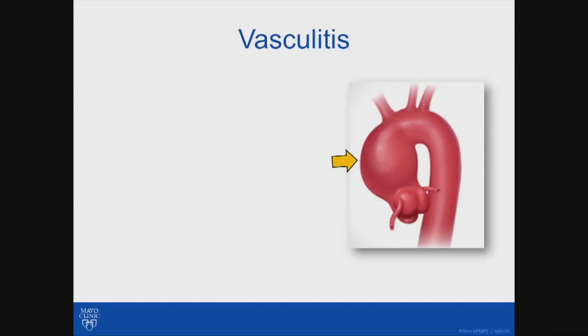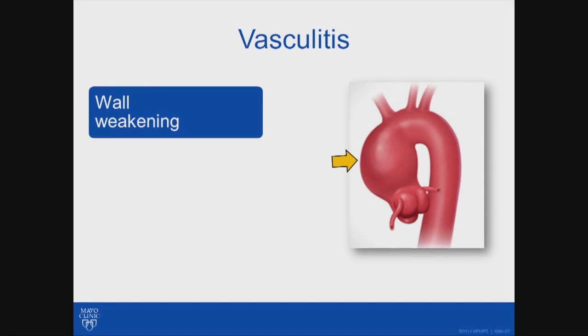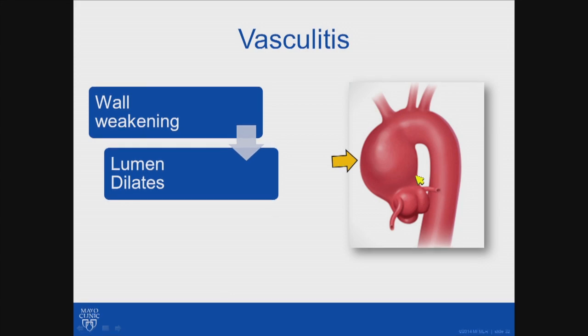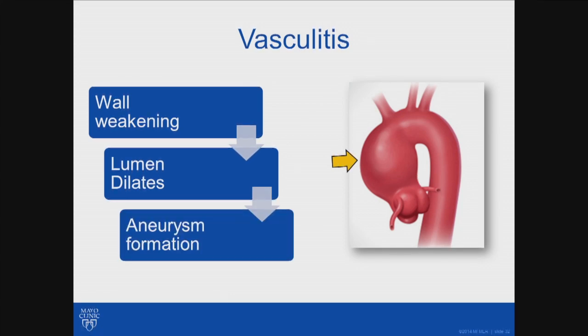But there's another complication that we need to be aware of and look for in GCA, and that's the development of an aortic aneurysm. An aneurysm is an enlargement or growth of the aorta, and this can happen because the vasculitis and its damage from inflammation can cause weakening of the wall of the blood vessel, which then over time starts to expand and eventually may form an aneurysm.